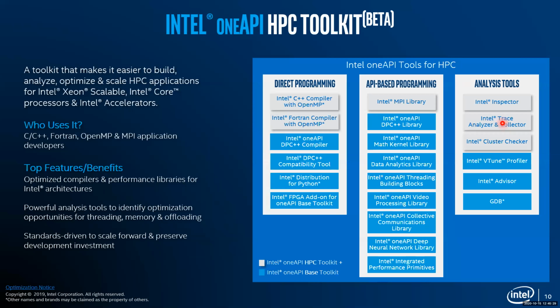As seen, the oneAPI base toolkit includes tools like Intel compilers, like the DPC++ compiler, VTune, Advisor, and the debugger. The add-on HPC toolkit will get you access to OpenMP compilers with offload capabilities, memory and thread debugger tools, the Intel Inspector tool, the cluster tools, and libraries like the Intel MPI Library, Intel Trace Analyzer and Collector tools, etc.